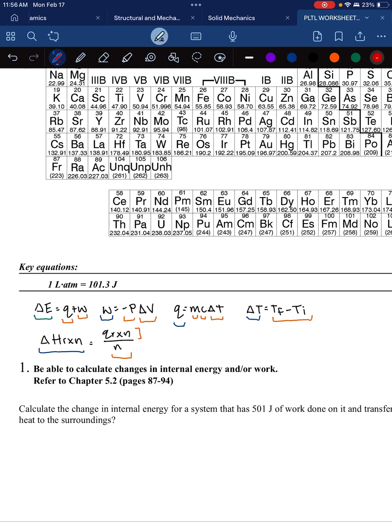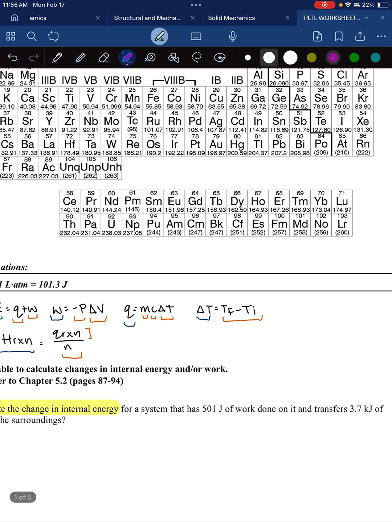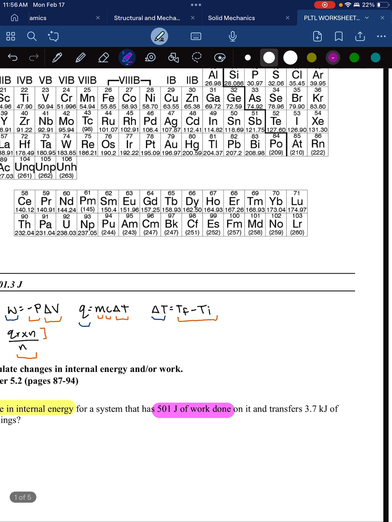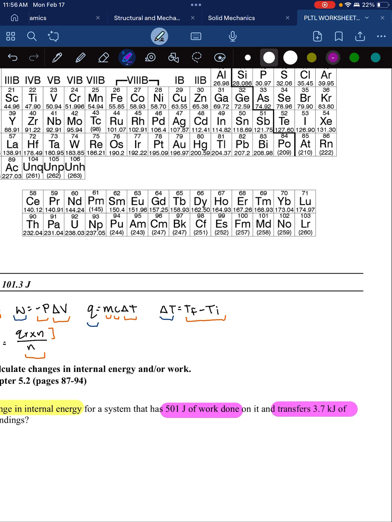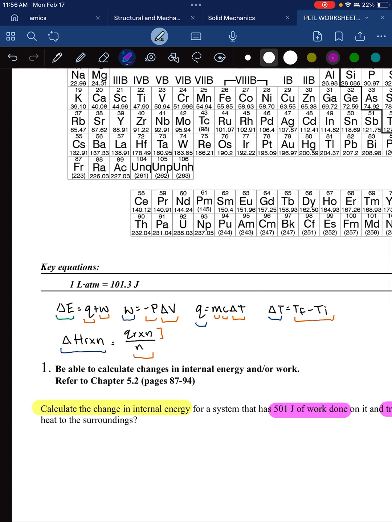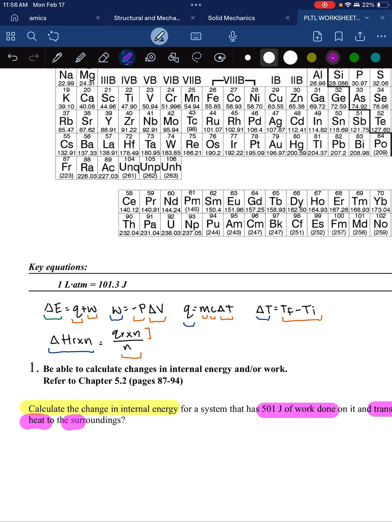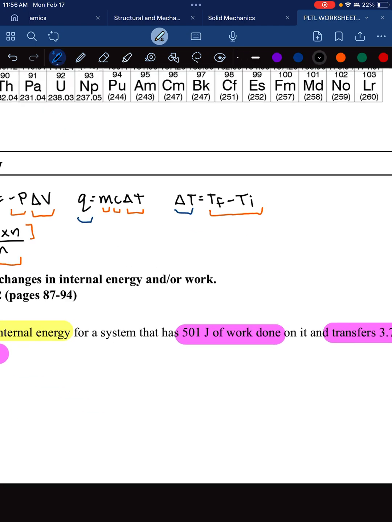So this first one says, calculate the change in internal energy for a system that has 501 joules of work done and transfers 3.7 kilojoules of heat to the surroundings. All right.